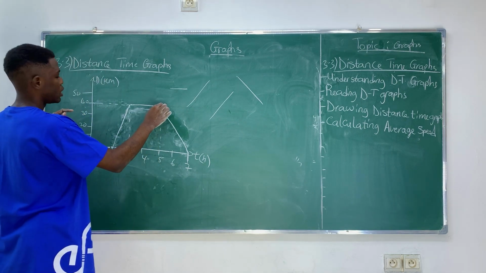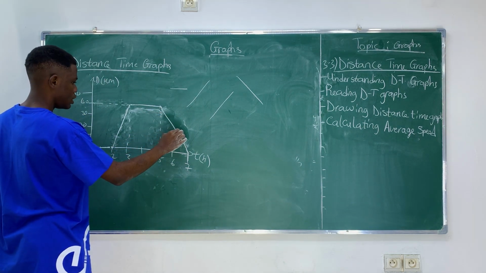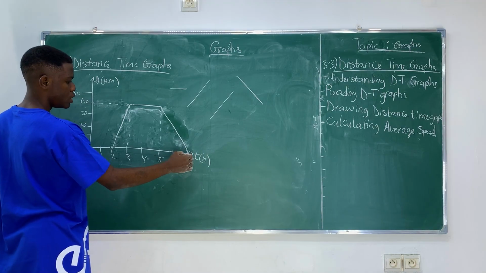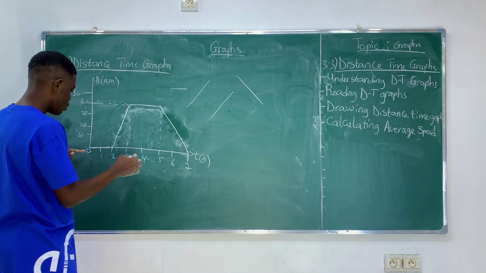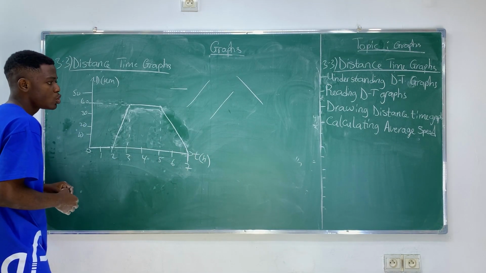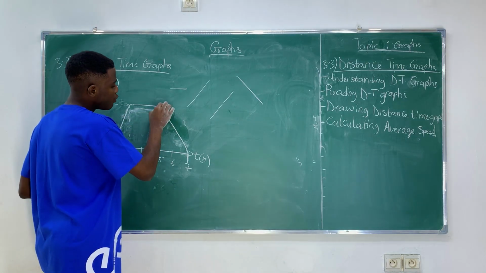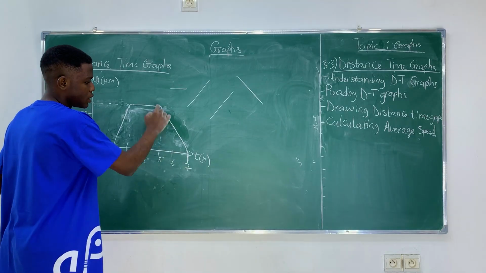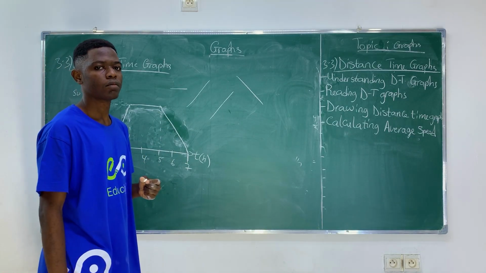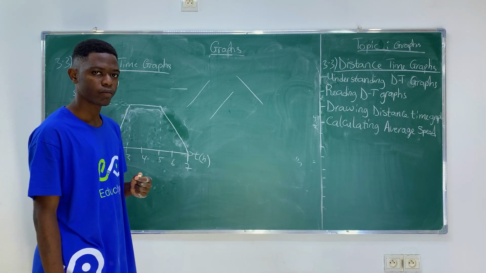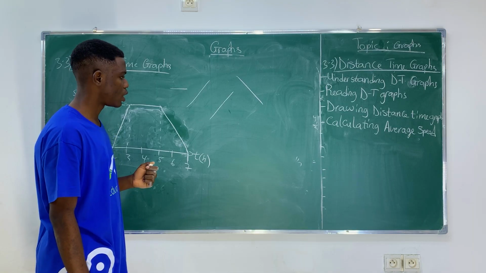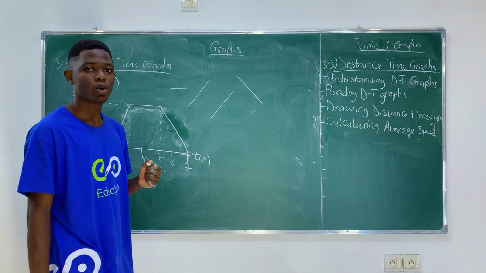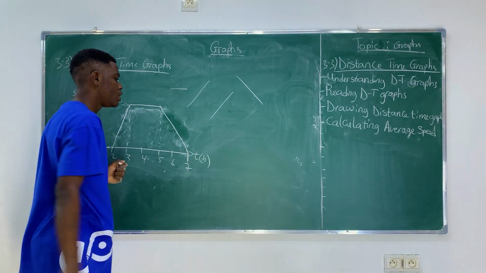When he was coming back, he was going back to 30, 20, 10 until 0. TX at 0. 0 was this original position. So at this point, you say the car moved back to its original position with a constant speed. That is what they're going to say. Why a constant speed? Because the line is straight.